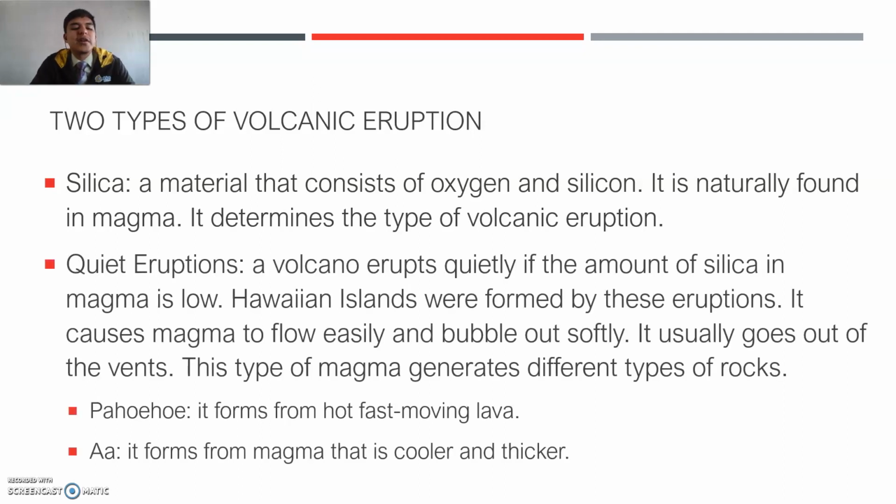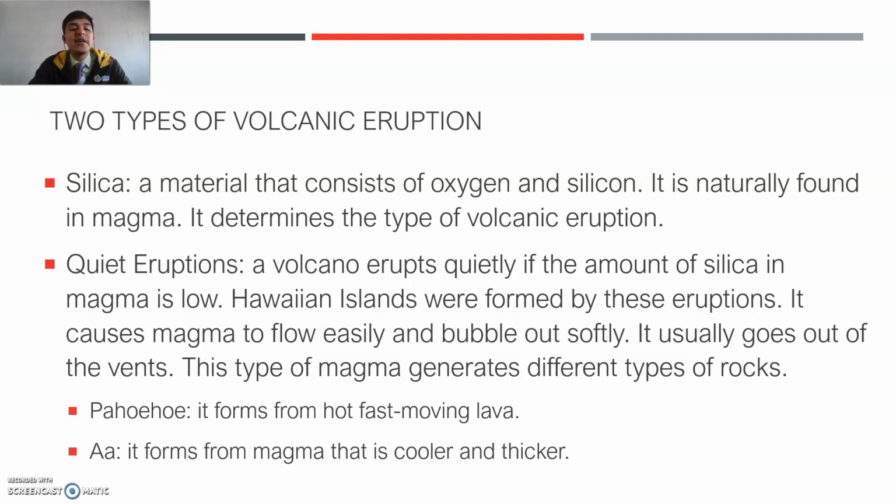And the first one we're going to talk about is quiet eruptions. So a volcano erupts quietly. It means that it doesn't make any sound if the amount of silica in magma is low. The Hawaiian Islands were formed by these eruptions. It causes magma to flow easily and bubble out softly.